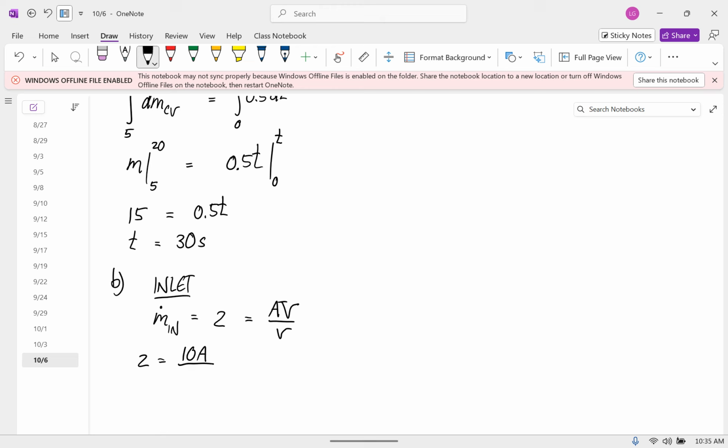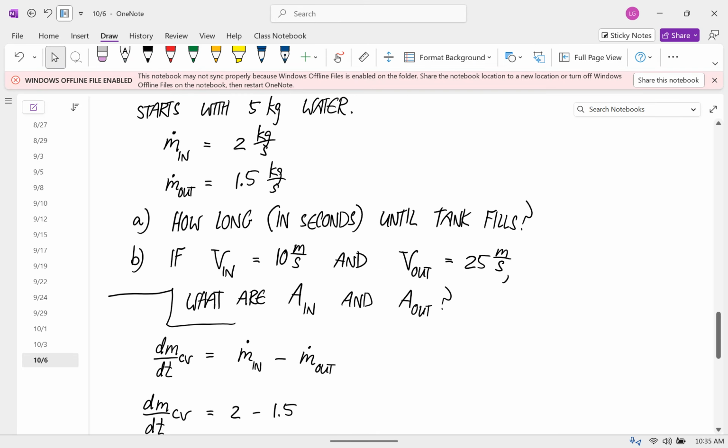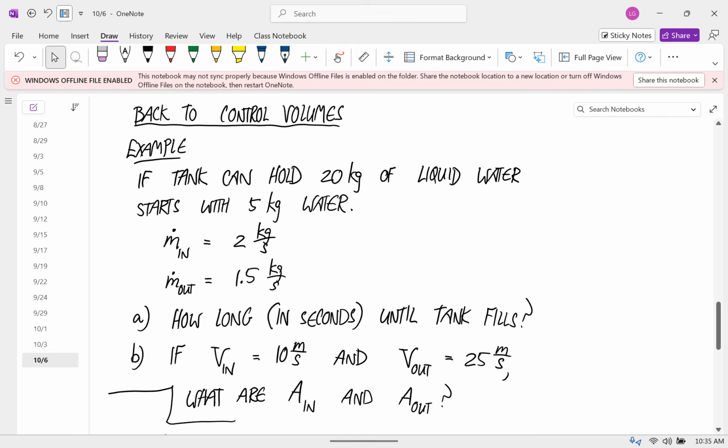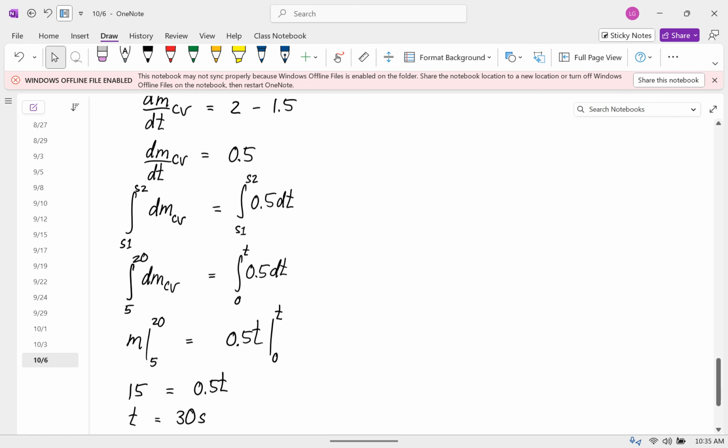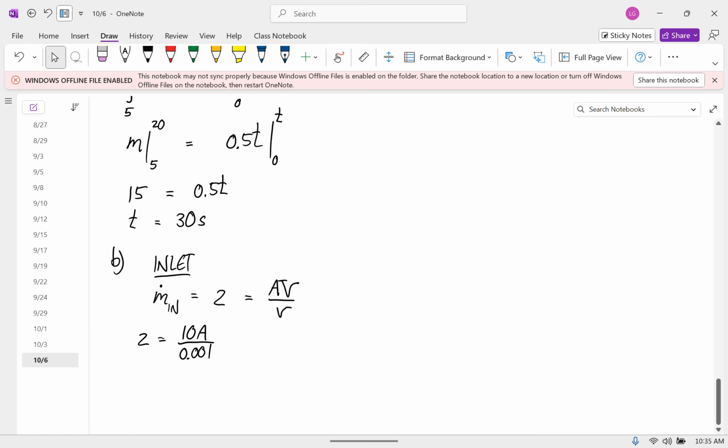You could look that up in the table or the website for saturated liquid water. You're going to get a value that's very close to 0.001. If you wanted more precision, you could look it up at the temperature we're at, which it doesn't say, so I'm just going to use that.